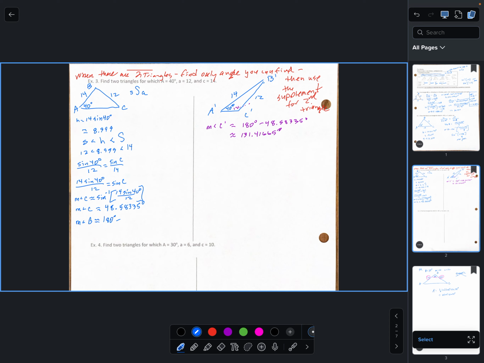Right there, if for some reason you got a negative angle, that means you either messed up with the math or it actually didn't have a second triangle.